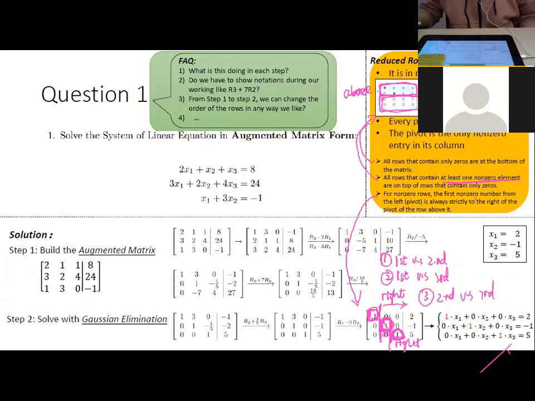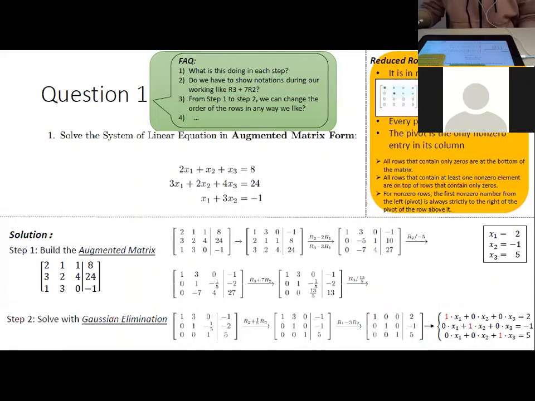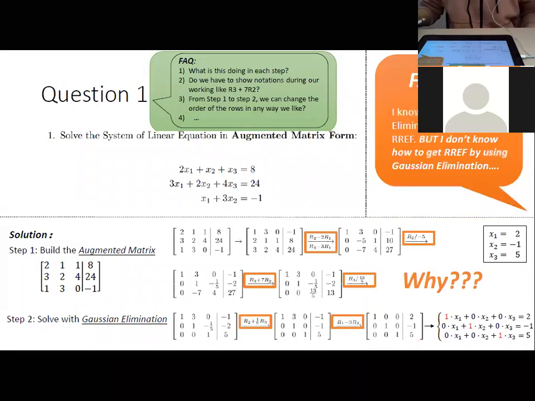Now we know what RREF is and we know its properties. Now we move to the next page. After solving question 1, we know what the augmented matrix is, what RREF is, and what each step means in Gaussian elimination.